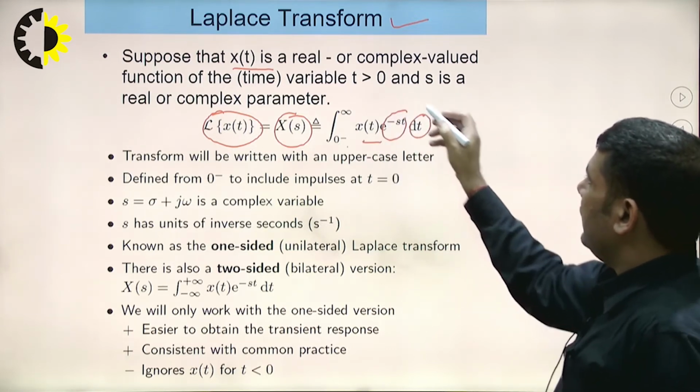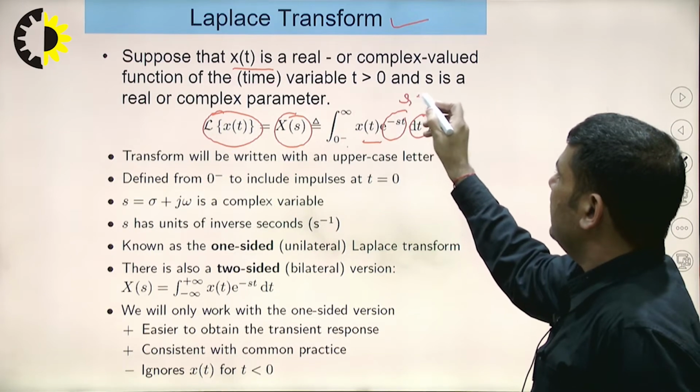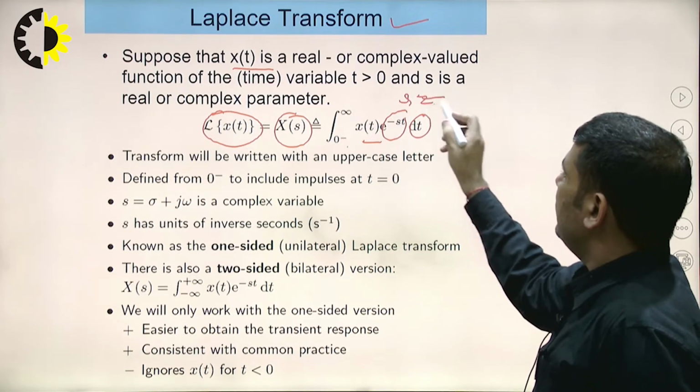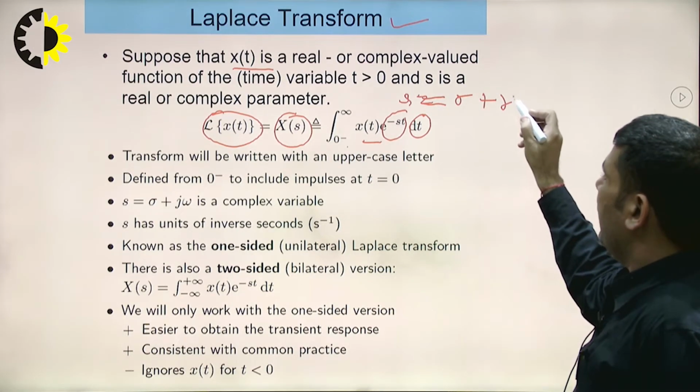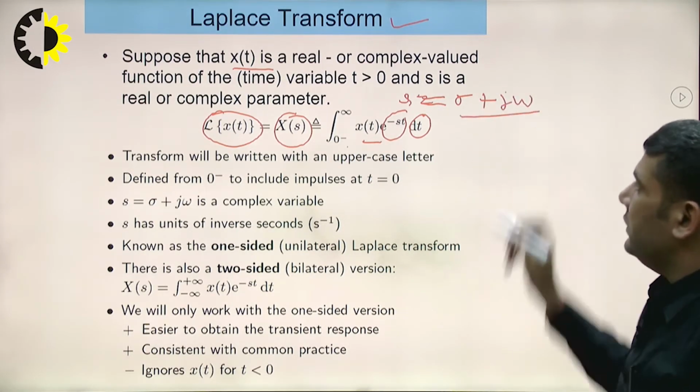As I already stated here, s is a complex variable, that is s equals sigma plus j omega.